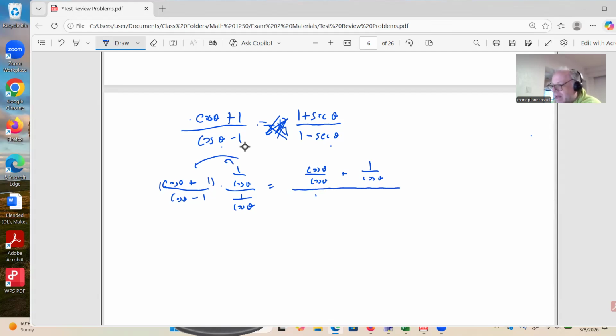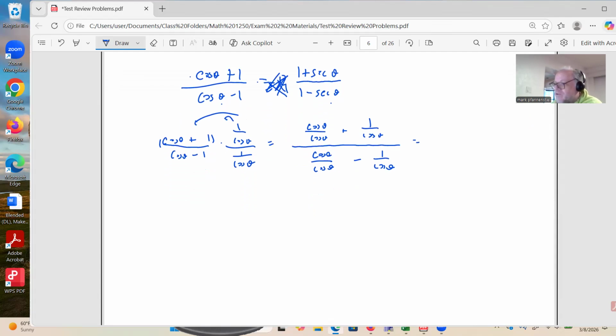Same on the bottom: cosine theta over cosine theta minus 1 over cosine theta. Cosine over cosine is 1, and 1 over cosine is secant theta. So the top is 1 plus secant theta, and divided by cosine over cosine, which is 1, minus secant theta. And I believe that was what we were trying to prove.